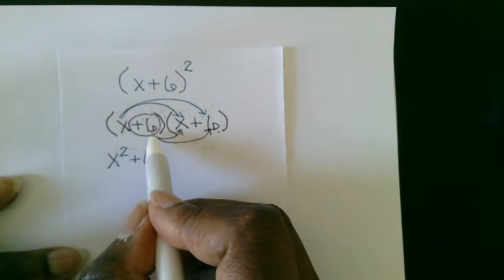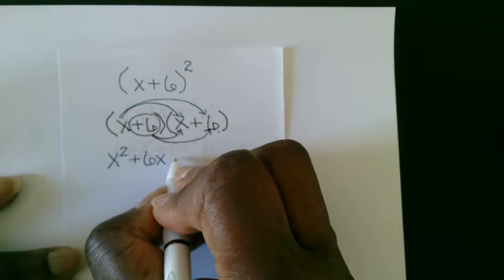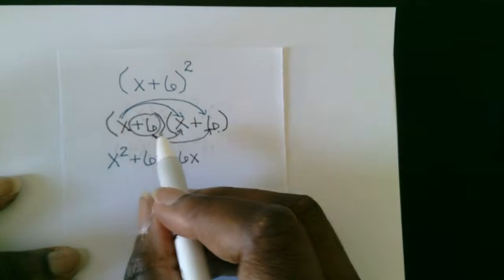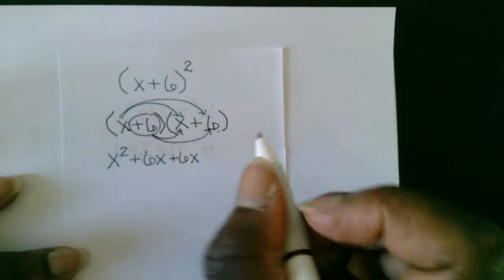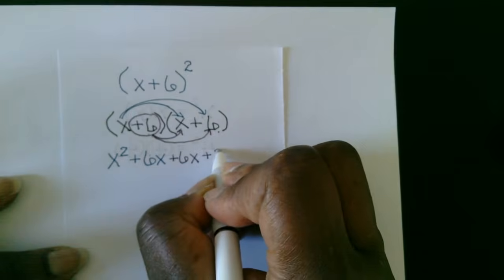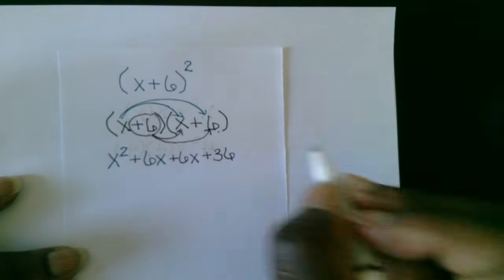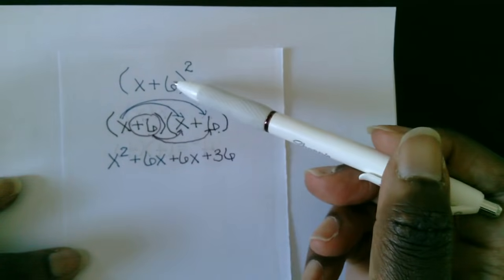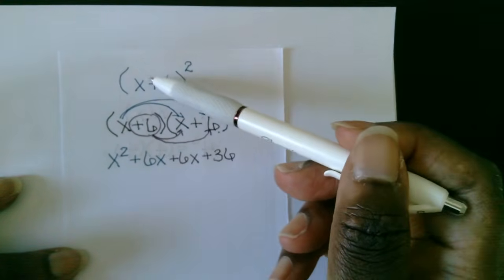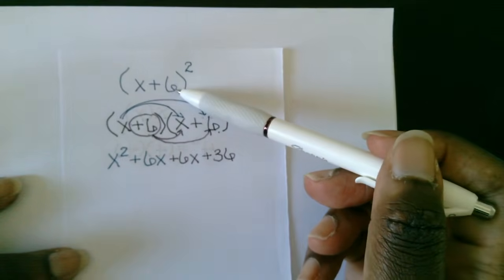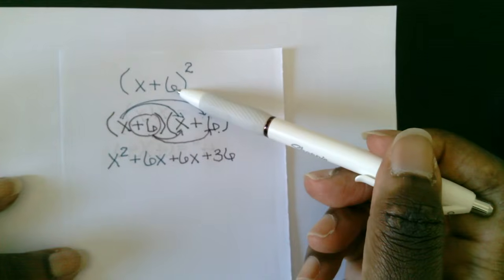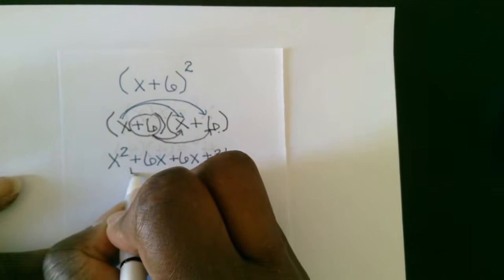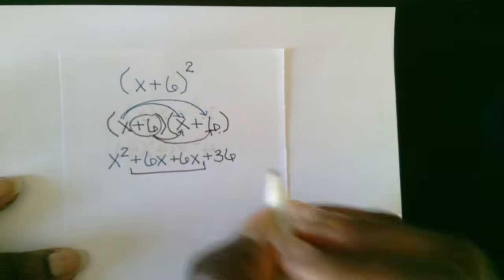So positive 6 times x gives me a positive 6x, and a positive 6 times a positive 6 gives me a positive 36. Now, if you told me that the answer was x squared plus 36, that means you're just squaring the x and just squaring the 6. Because we have like terms right here, dead center.